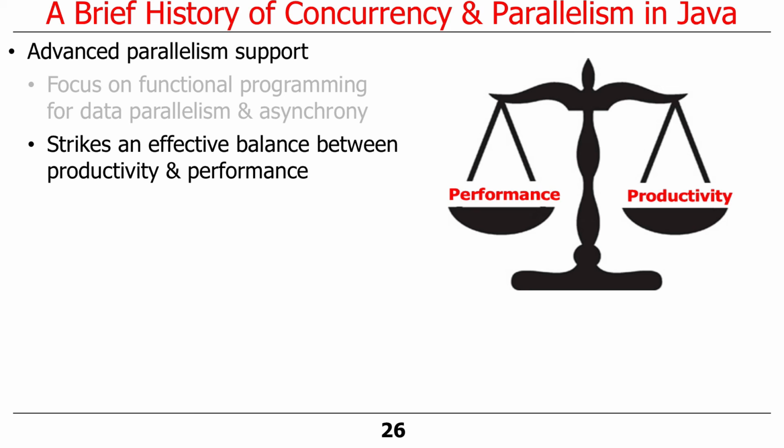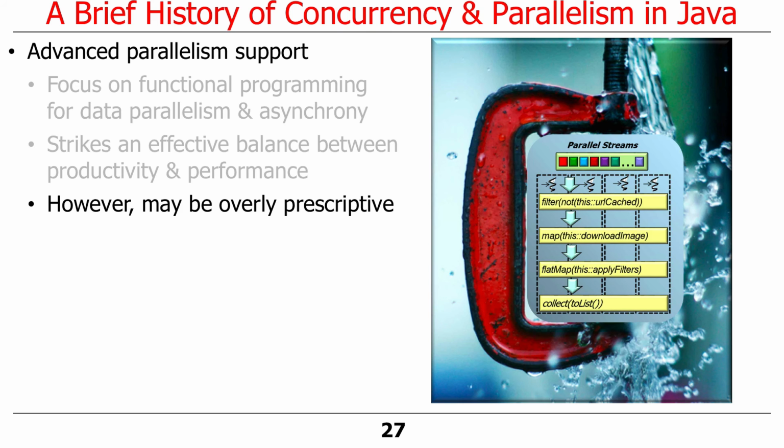Really, really cool stuff. One of the nice things about the parallelism support that's available in later versions of Java is it strikes a nice balance between programmer productivity, in other words, writing correct code efficiently and quickly, and good performance. And that's the right balance to try to strike, often. However, the problem with these approaches, the problem with the higher level ways of programming, is that they are sometimes overly prescriptive.